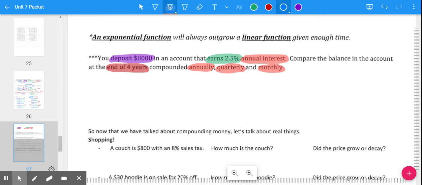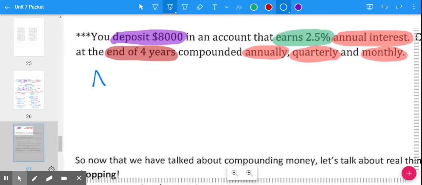So your formula, the amount of money you have, we're going to write it generic and then plug in the values. So the amount of money you have is your $8,000. We're earning, so we're adding 2.5, written as a decimal is 0.025.